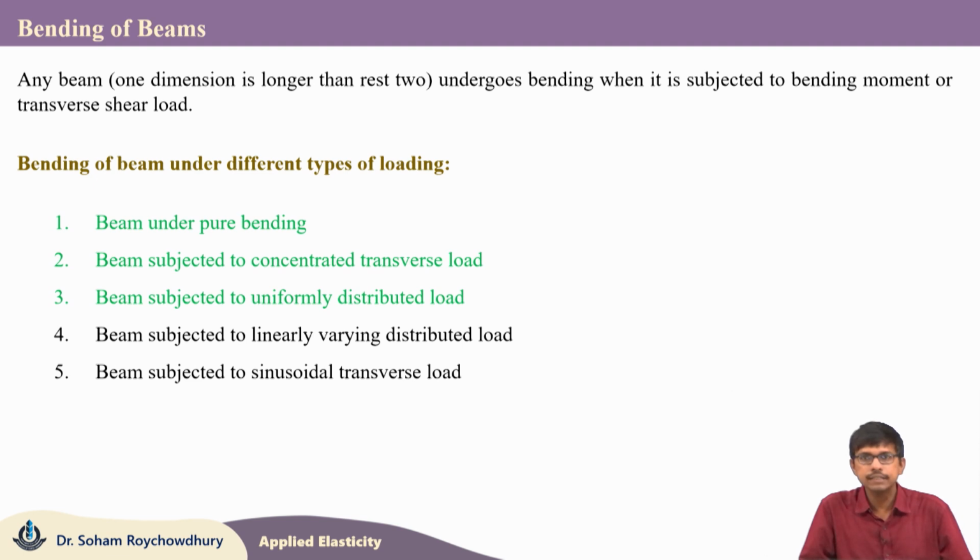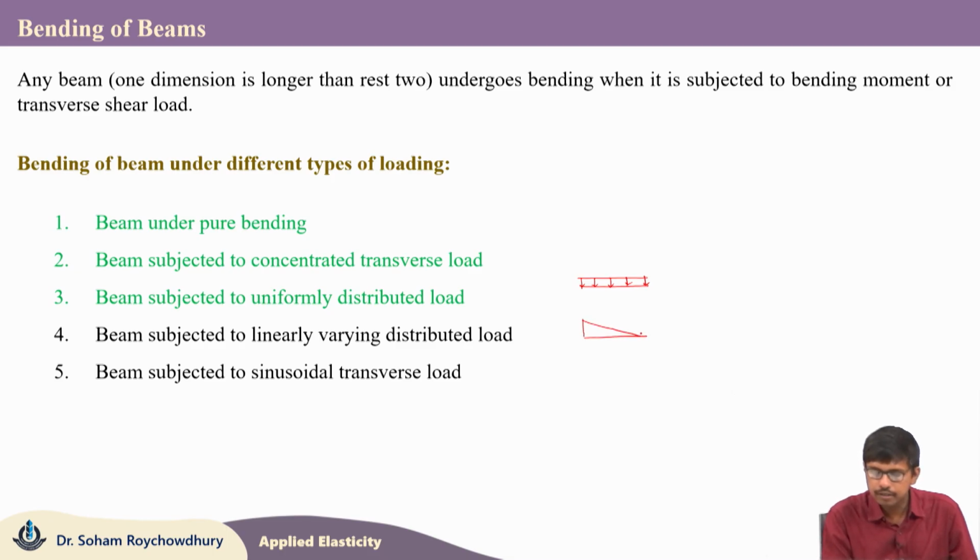Now, in today's lecture we are going to consider a fourth problem where the beam is subjected to linearly varying distributed load. The difference between the previous one and the present one is, for the previous problem, the third case, the load acting had constant intensity over the entire span of the beam, whereas in this one the intensity of the load is varying linearly.